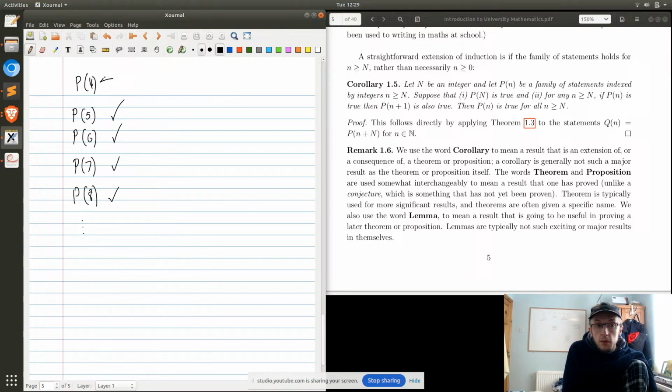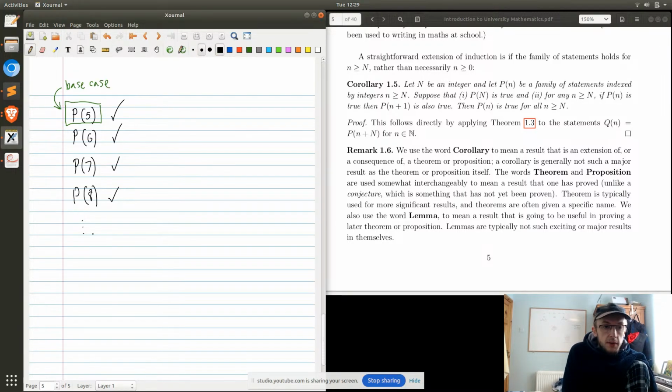You either don't know or don't care about 4. Then you can extend the principle of mathematical induction such that this now is your base case.